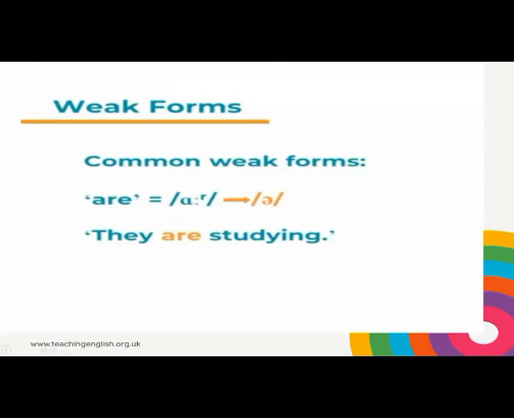So it gets reduced here. There is a schwa here. If you wanted to pronounce it individually, you will say they are studying. But if you want to speak it at a natural speed, you will say they're studying. So there is a schwa here.